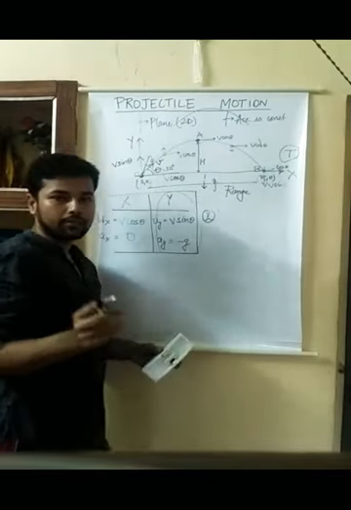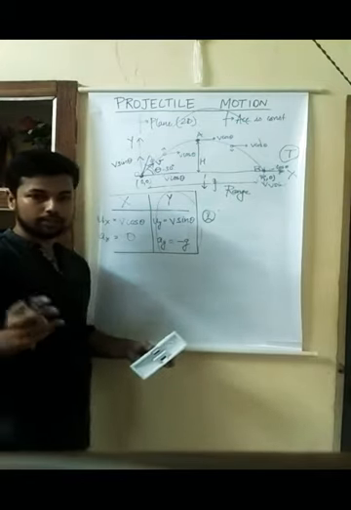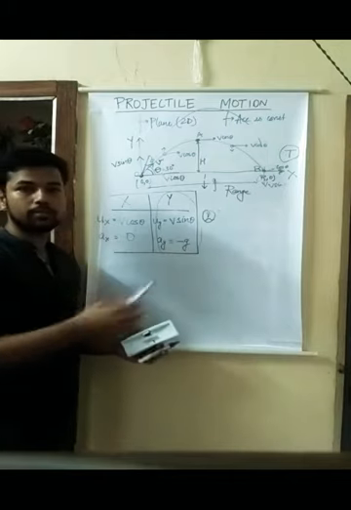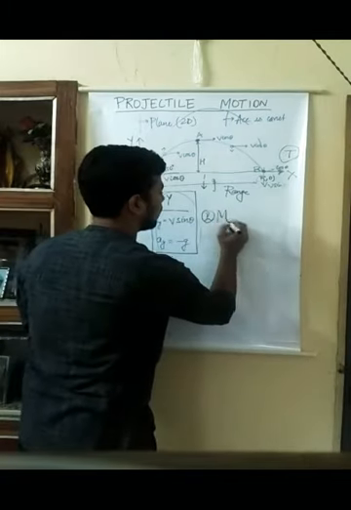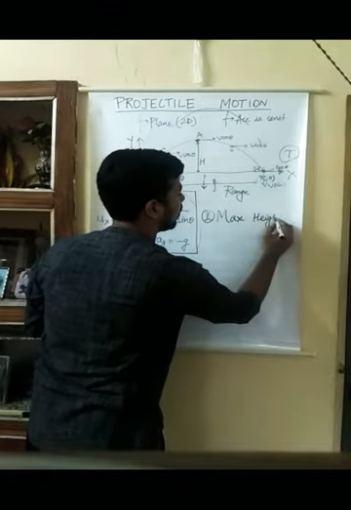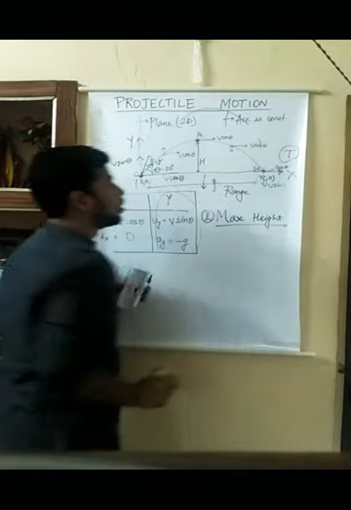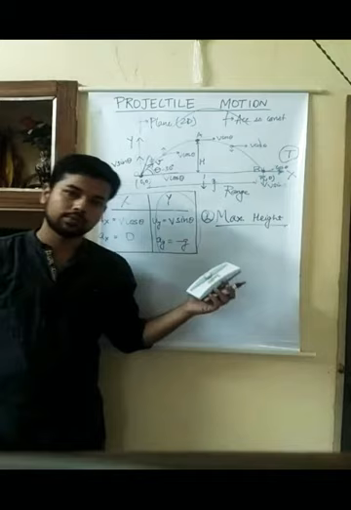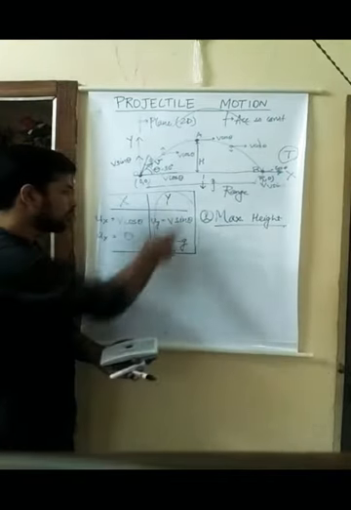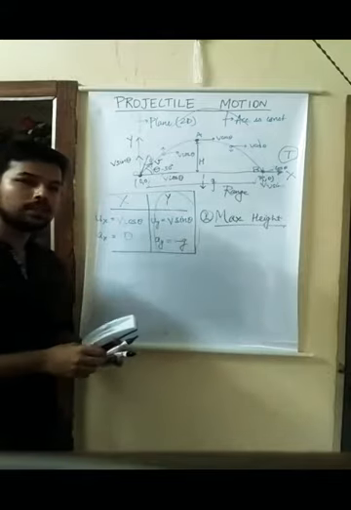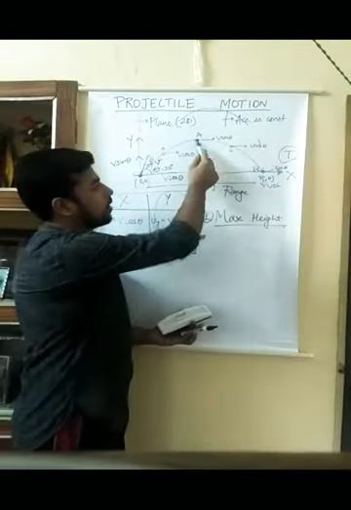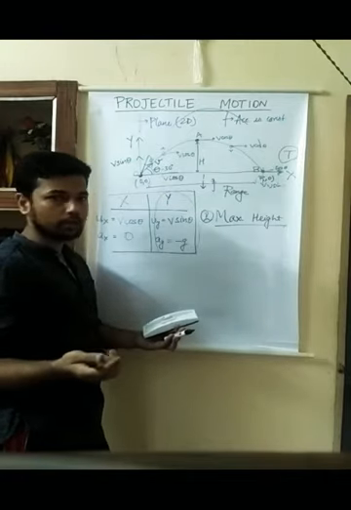So we obtained the formula for time of flight and range. Now we will see maximum height. Since maximum height is in the y direction, we will go ahead with kinematics in the y direction. What we already know is that at maximum height, the y velocity will be 0.